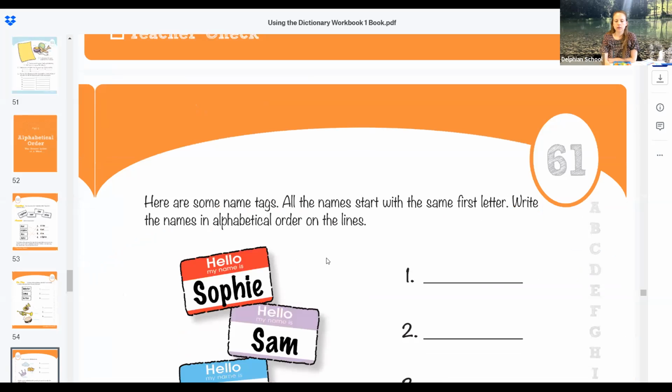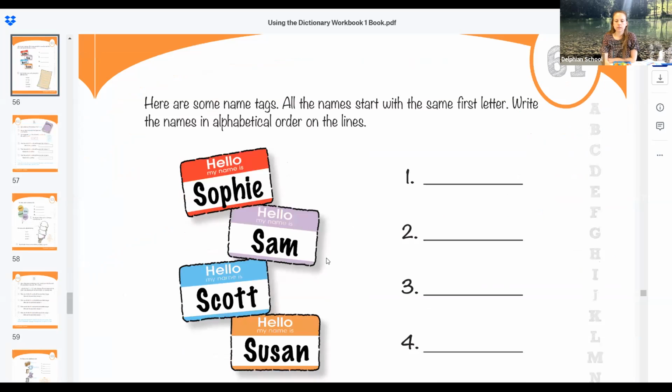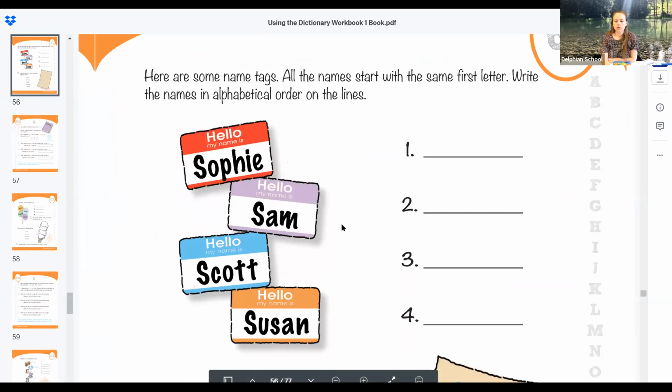Okay, good. Here are some name tags. All the names start with the same letter. Put the names in alphabetical order on the lines. Okay, guys, it's a race against the clock. What's the order of the S names? Bring it on. Winner takes it all. We've got Sam, Scott, Sophie, Susan.